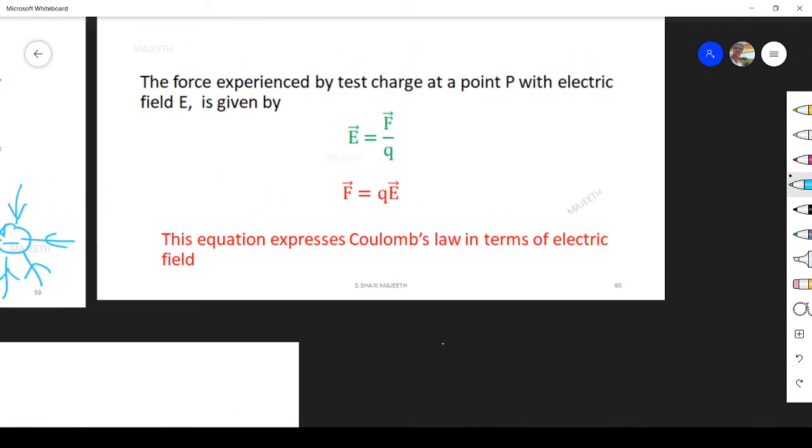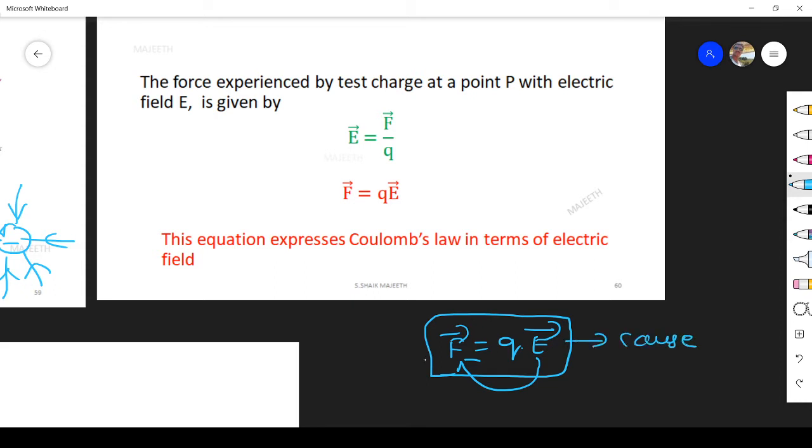F is equal to Q into E. Clear? So that Q is just a number, a charge, a scalar. So this relates electric field and force. See, a very important point is that for any mathematical equation, the right-hand side is the cause, the left-hand side is the effect.